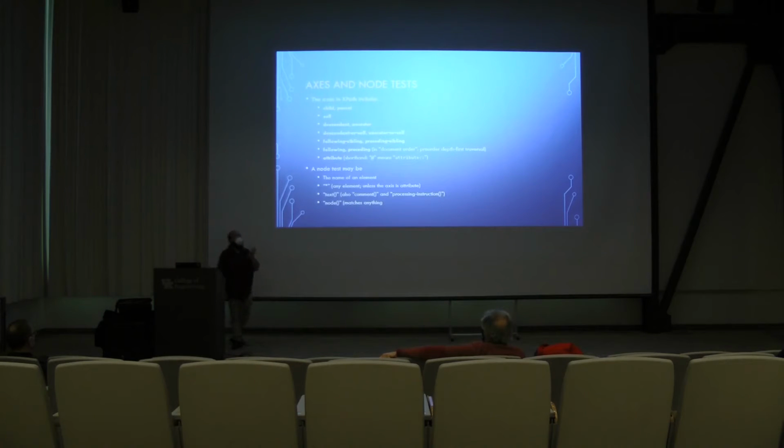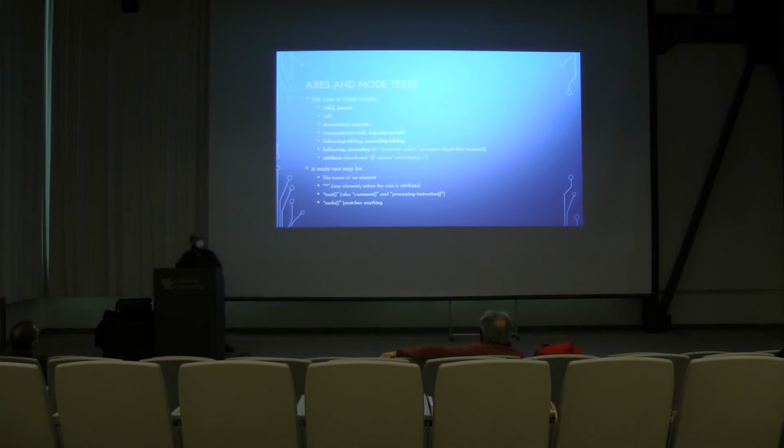Star means any element, not any node, unless the axis is attribute, in which case star means any attribute, because attributes and elements are not the same thing. But with almost all of the axes, star means any element.